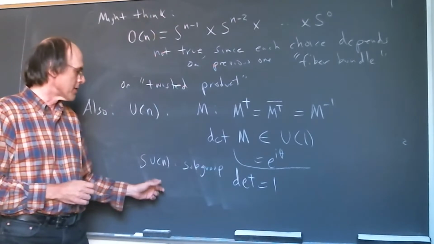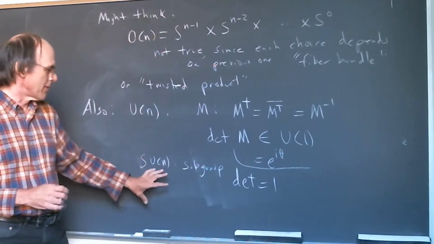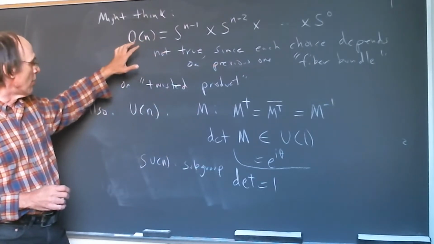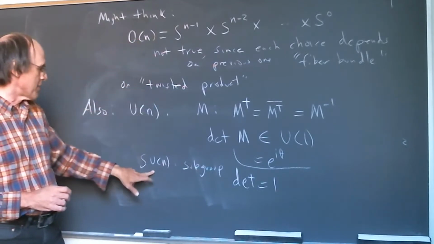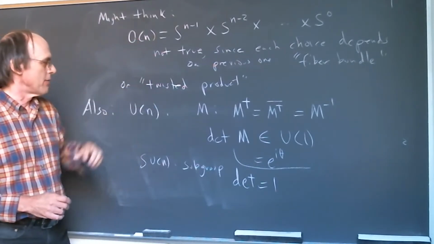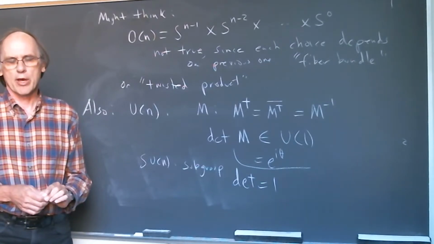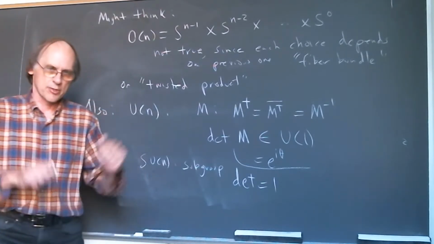In some sense, all you're going to hear about in this course mostly is very low dimensional cases: O(3), O(4), SU(2), and then we'll do a lot of things which apply for arbitrary n. But I won't go through the technology you would need if you were really asked a question about SU(3) or SU(4).